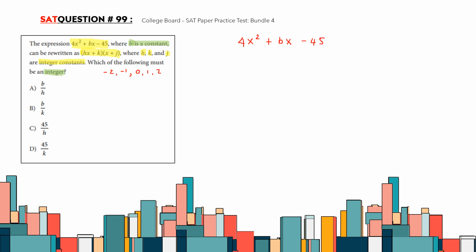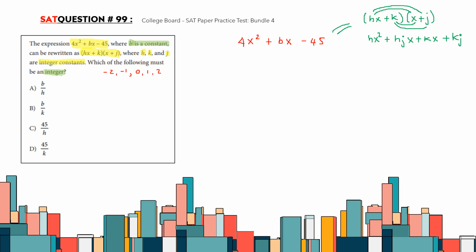And we have the given, which is (hx plus k) times (x plus j). This is the same thing, it's equal. So let's distribute it. hx times x is hx squared. hx times j, we add hjx. k times x, we add kx. k times j is kj.